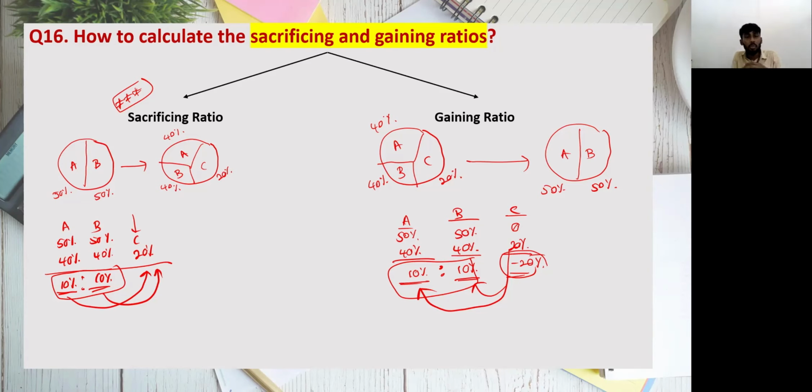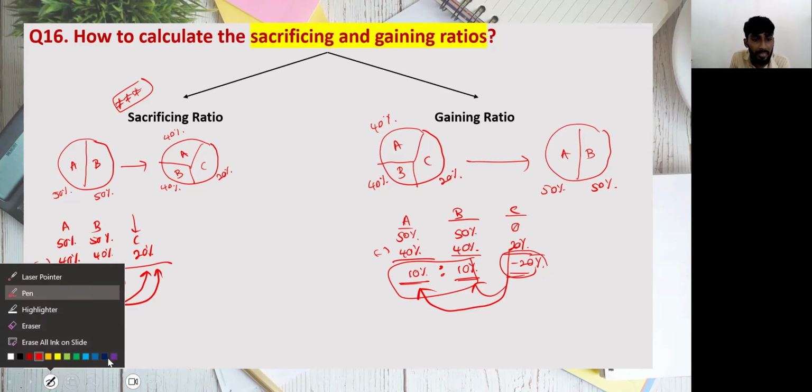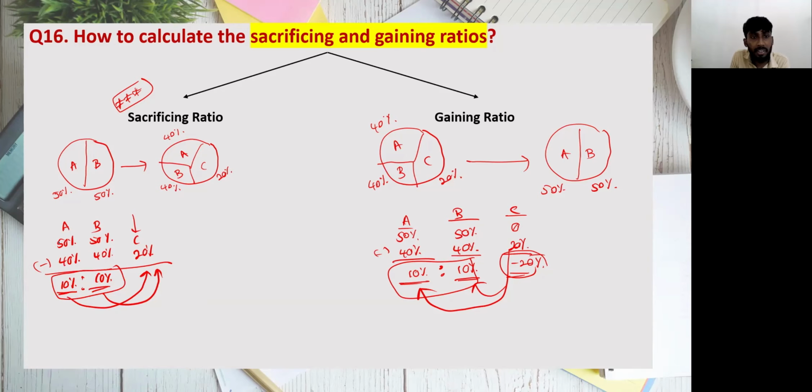Here we need to take the difference. Always keep in mind, we get the difference by deducting the low amount from the high amount. In calculating the sacrificing ratio, 50-50 was the old profit sharing ratio, and I deducted the new one from the old one.